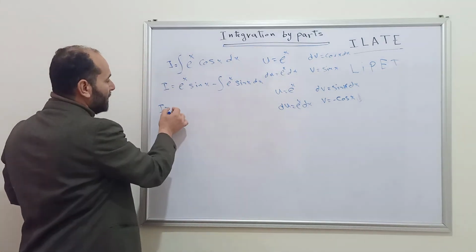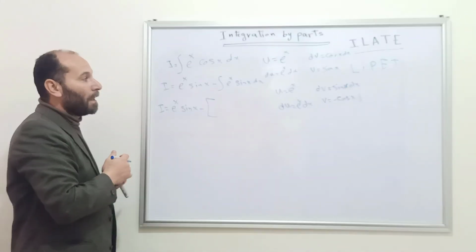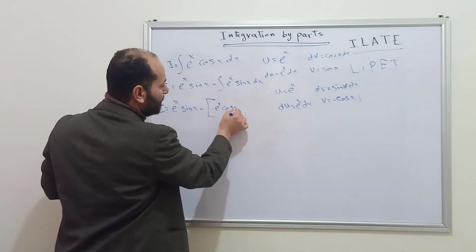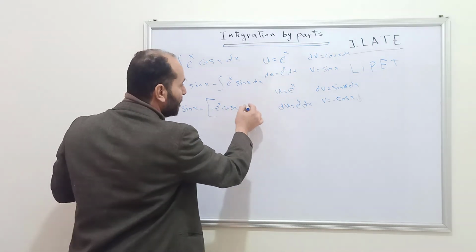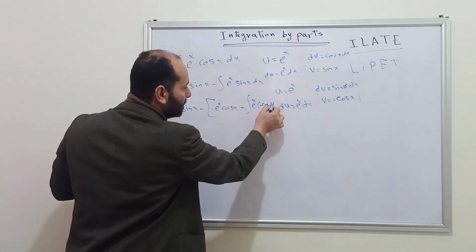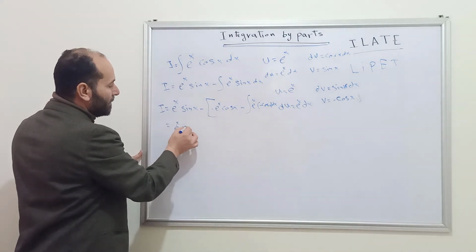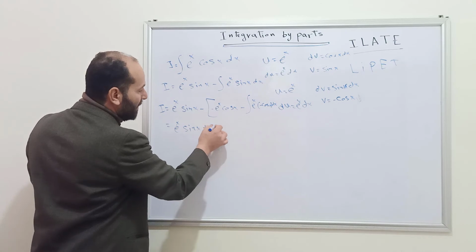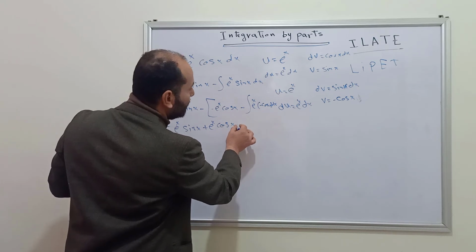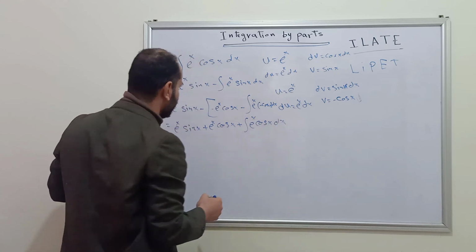I here equals e power x sine x minus the integration equal uv, negative e power x cosine x, minus integration e power x times negative cosine x dx. This equals e power x sine x plus e power x cosine x plus integration e power x cosine x dx.